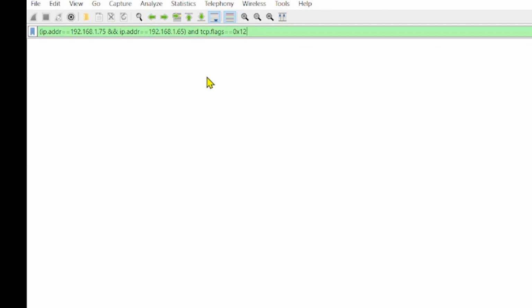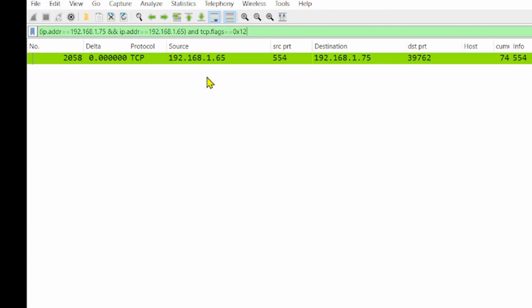So let's see what happens here. Okay. Of all of those other packets, only this communication actually has a SYN-ACK, which tells me that when 75 sent a SYN packet to 65, that port was open because it responded with a SYN-ACK.